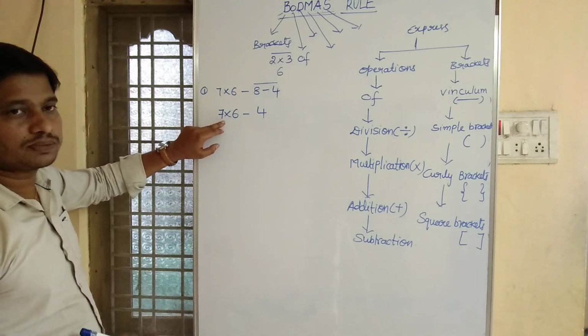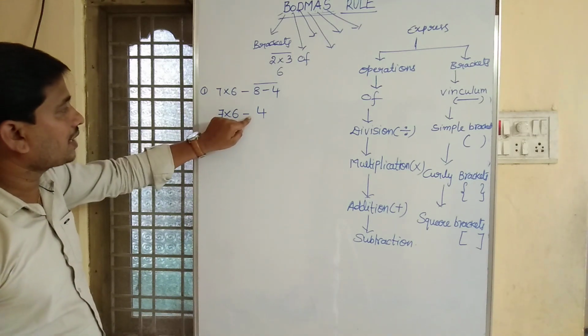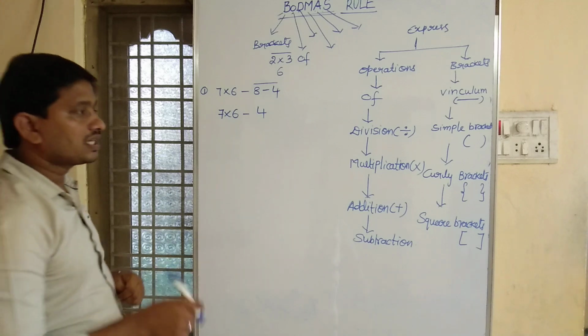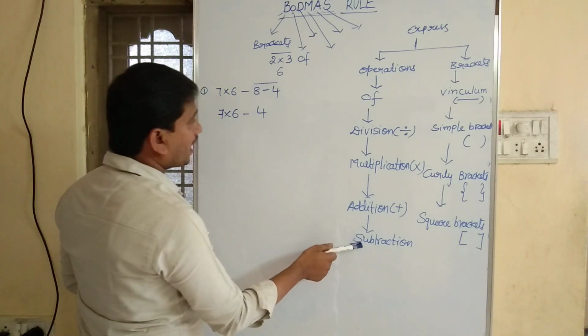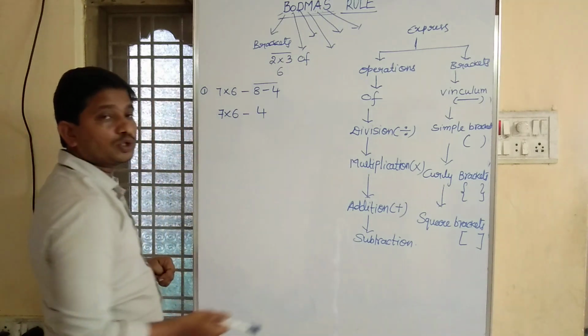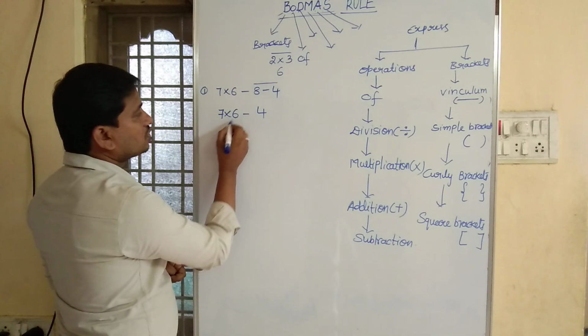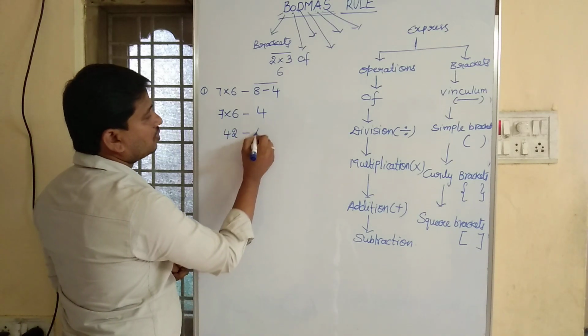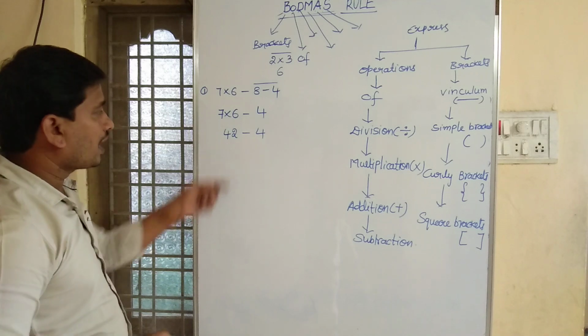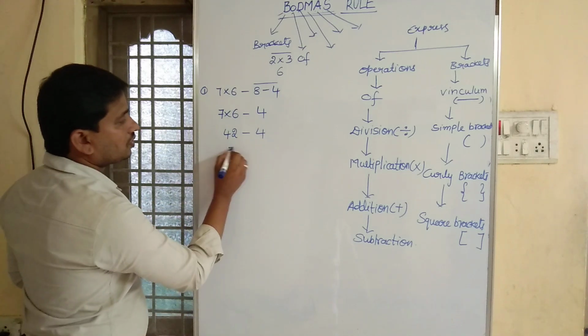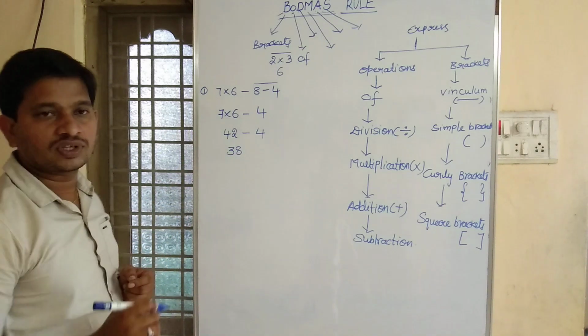Now in this expression we have multiplication and subtraction. Among them, the first priority goes to multiplication. So 7 into 6, 7 6s are 42, minus 4. 42 minus 4 is equal to 38, right?